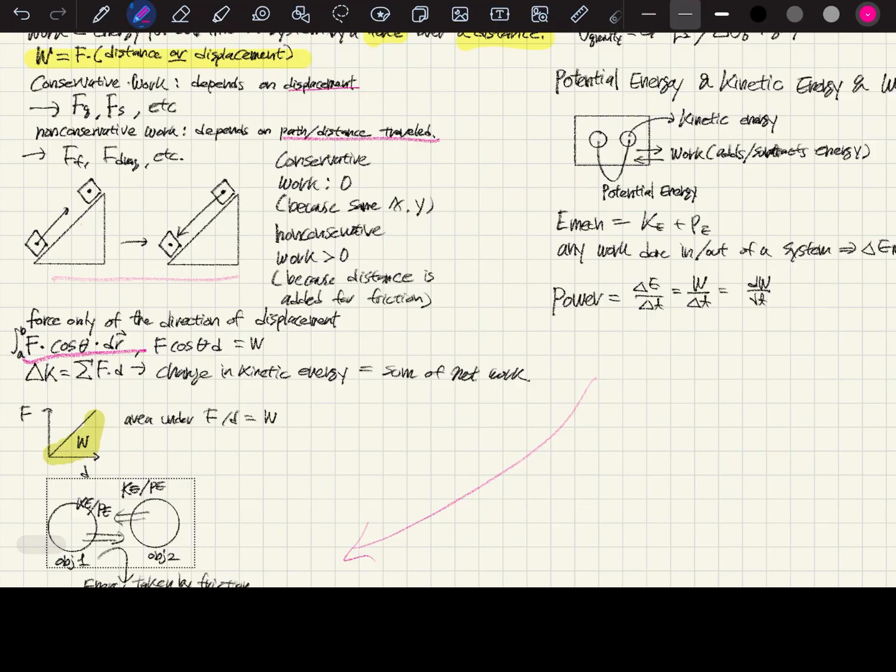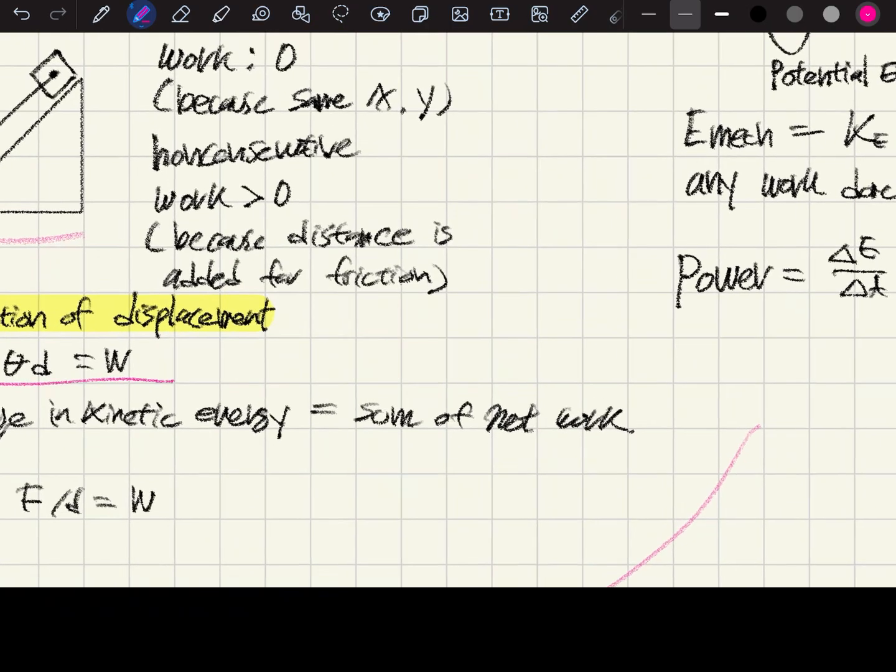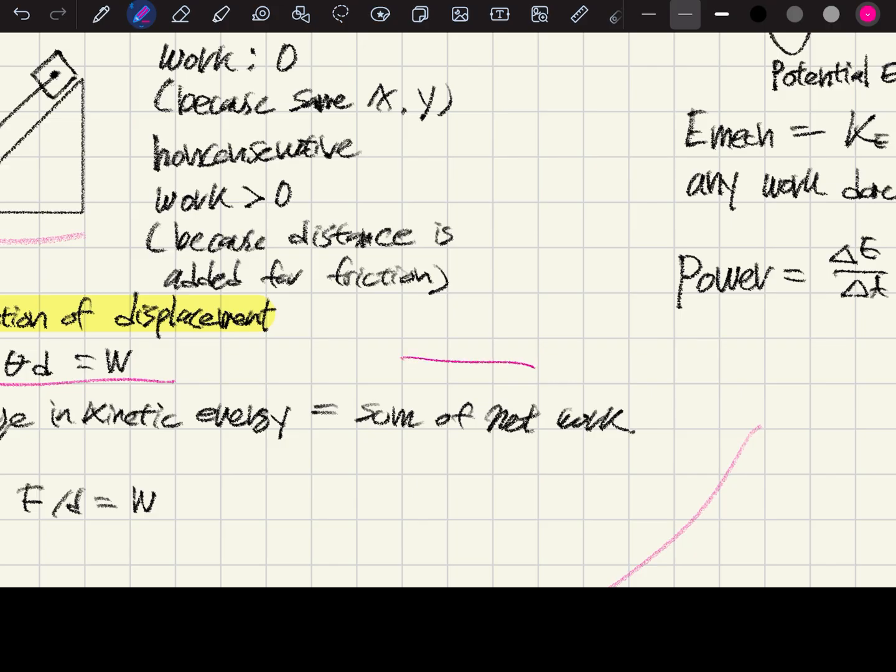Another important thing is that for getting work, you have to think about force only in the direction of the displacement, or displacement only in the direction of the force. That's why we have this equation, where force is multiplied by cosine theta between the force and the displacement, because we only want the force or displacement in which it is in the same direction.